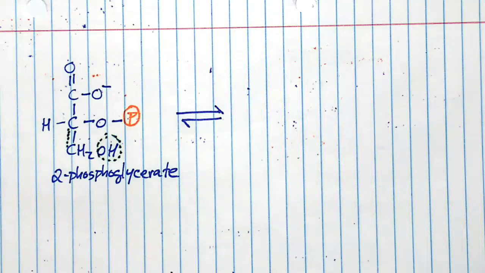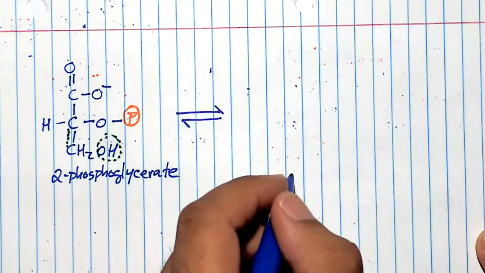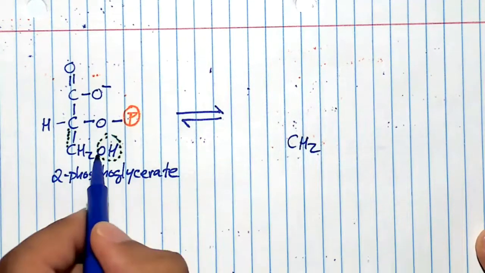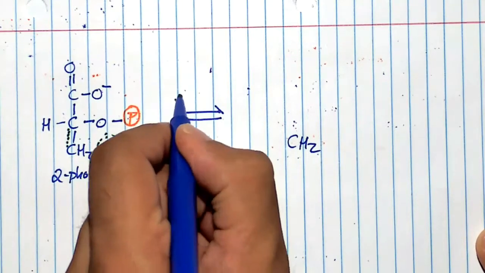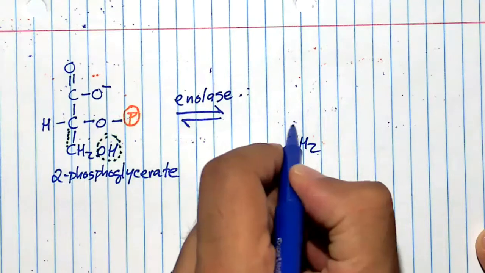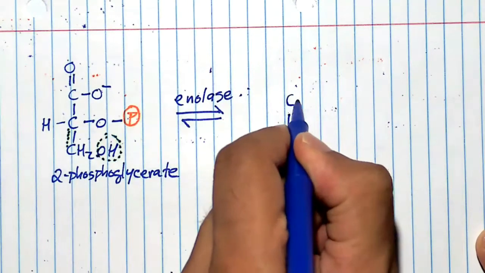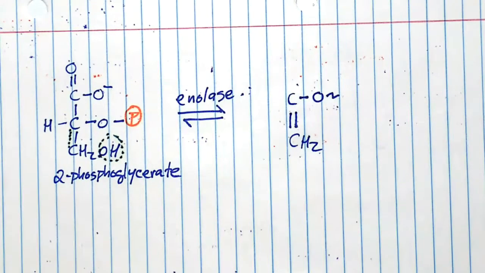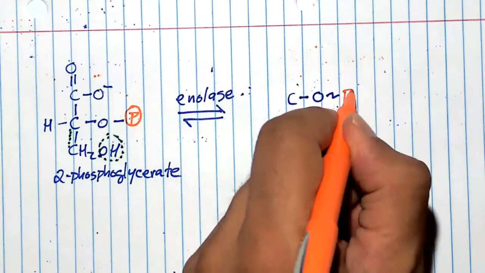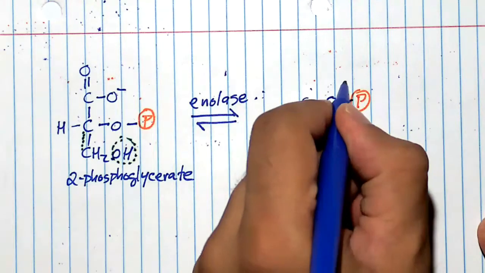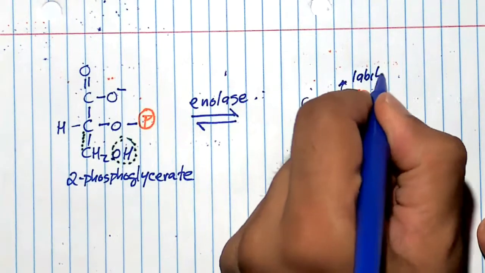So let's begin by drawing the structure of phosphoenolpyruvate. The structure of phosphoenolpyruvate is this. This comes off as water, as catalyzed by an enolase. And now we have a double bond. This carbon is now attached to this phosphate, but it is a labile, unstable bond.